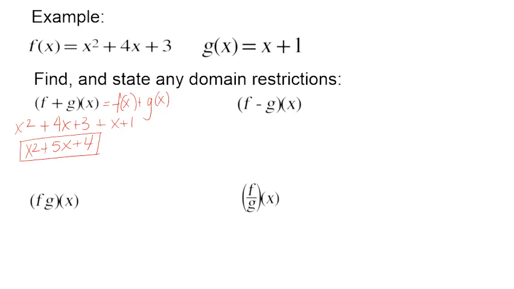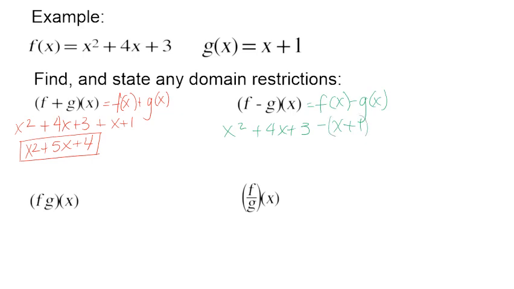The next piece, if you have f of x minus g of x, we'd be looking at x squared plus 4x plus 3. And now probably the biggest mistake that I see on these is that you subtract and you say minus x plus 1, and that's great, except it looks like all that you're subtracting is the x.